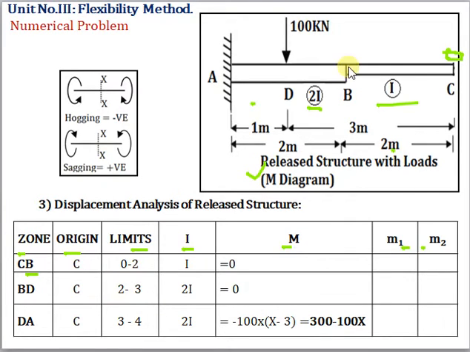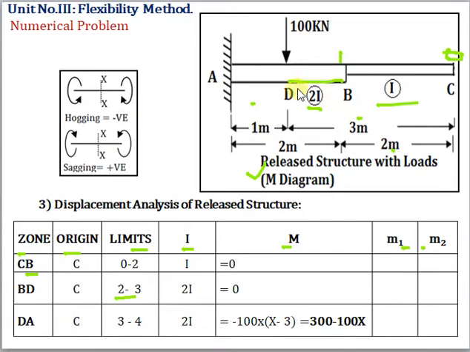Now for BD, the D point is at a distance of 3 meters from the origin, and B is at 2, so our limit is 2 to 3.